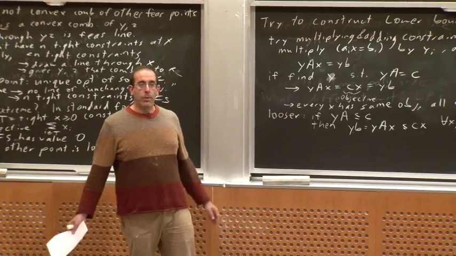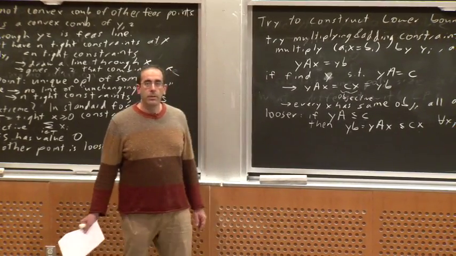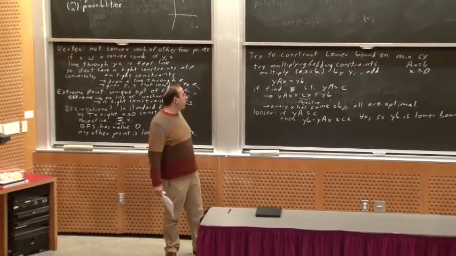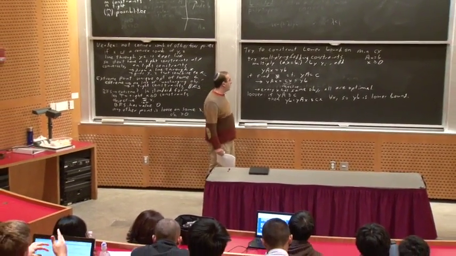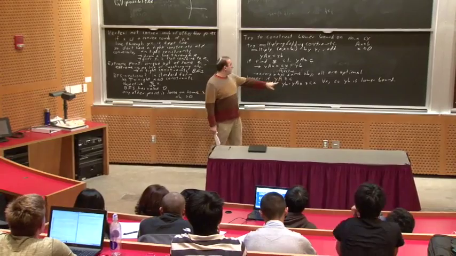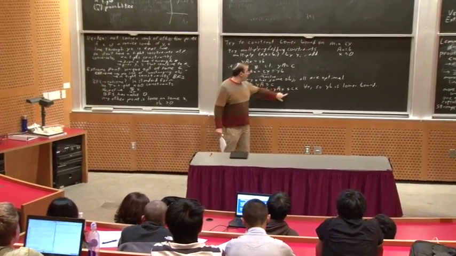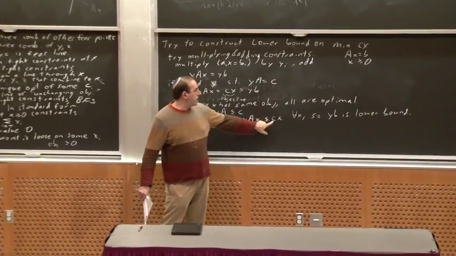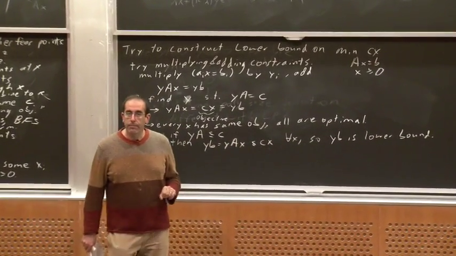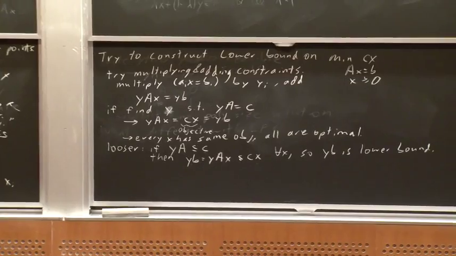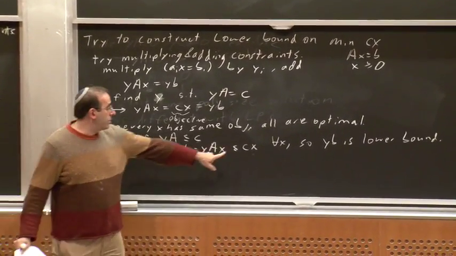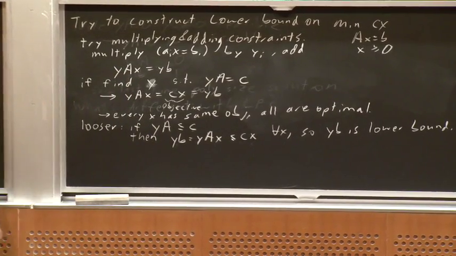Why doesn't any old y work? Yeah? When you did that inequality, you're using all the positive x's, every single one. Exactly. So in order to make this inequality work, I need coordinate-wise for ya to be less than or equal to c. Otherwise, there are some x's where it might not be true. But as long as ya is less than or equal to c in every coordinate, this is true for all x, and I get a lower bound.